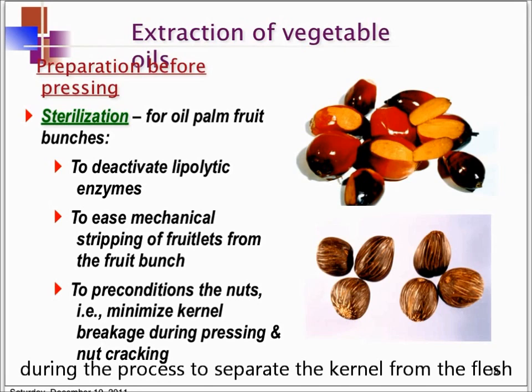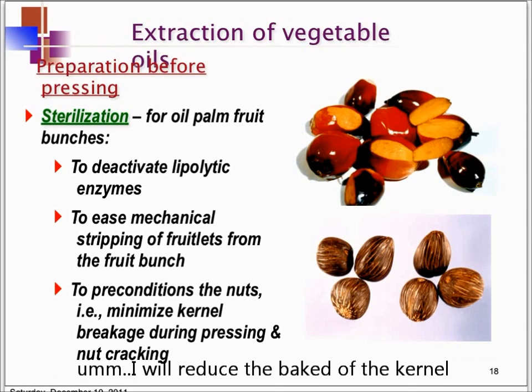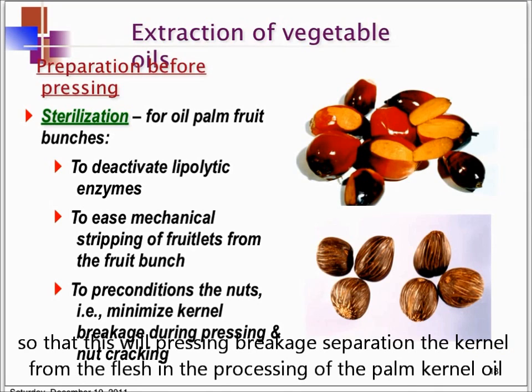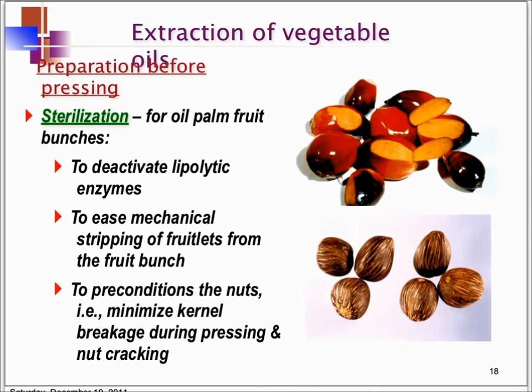During the process of separating the kernel from the flesh, it will reduce the breakage of the kernel, and this will facilitate the separation of the kernel from the flesh in the processing of palm kernel oil.